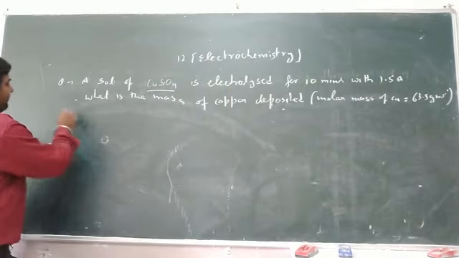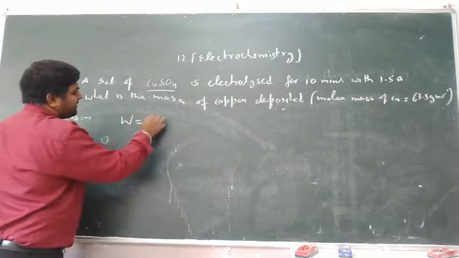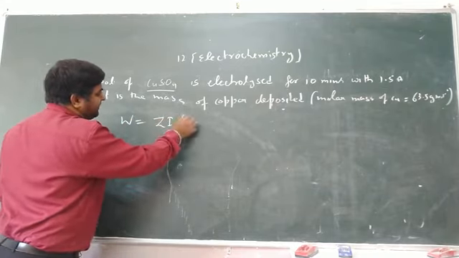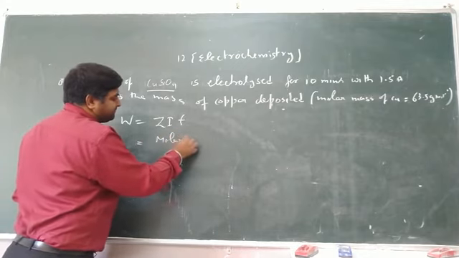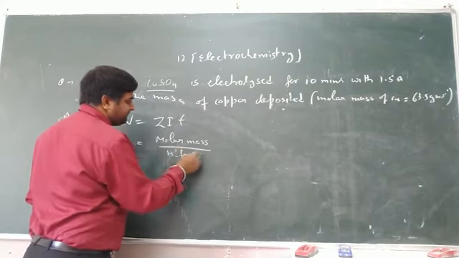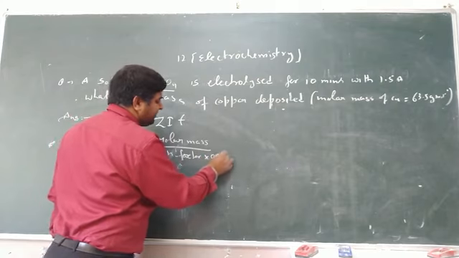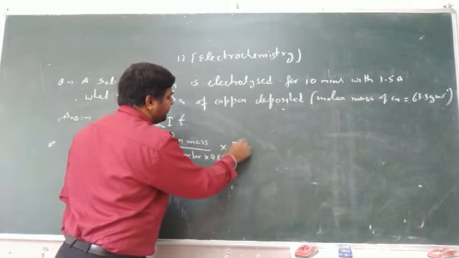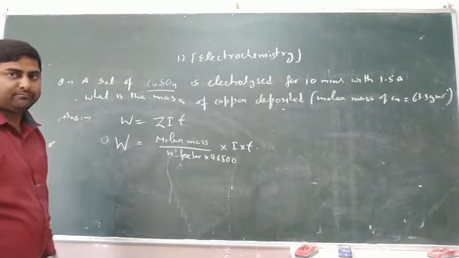We know the formula. According to Faraday's first law, W is equal to ZIT. Z is molar mass upon N factor into 96500 into I into T. We need to calculate W.